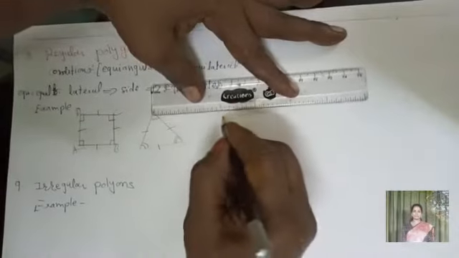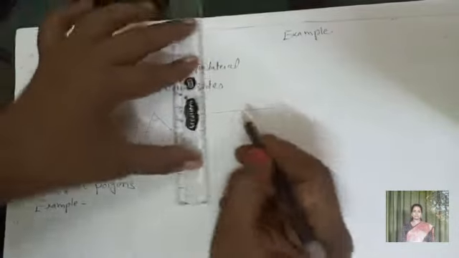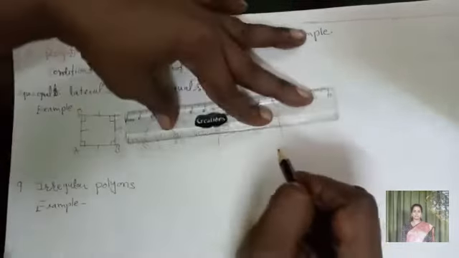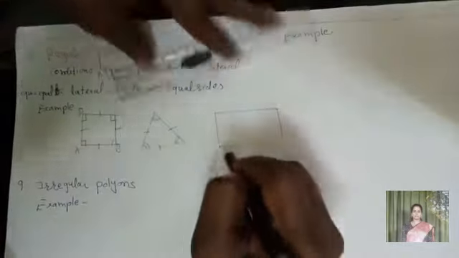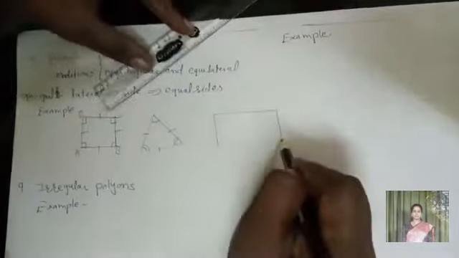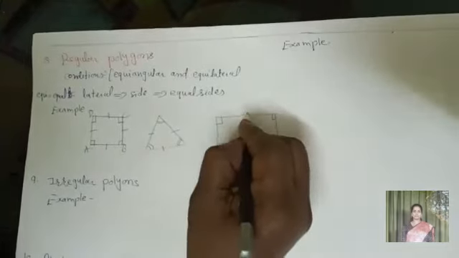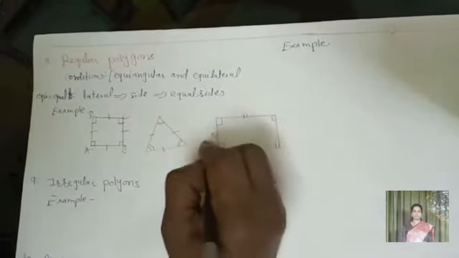If we take an example of a rectangle, though it is equiangular, only its opposite sides are equal.